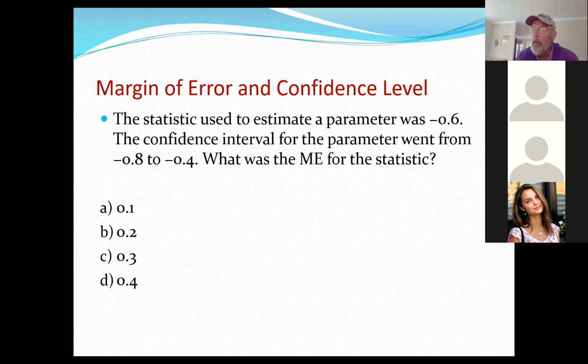Wouldn't you say that there's really a measure of the margin of error on both sides of the estimate? So 0.4 would give us the difference between the low and the high part of the confidence interval, but the margin of error is 0.2 because there's going to be a margin of error on the left side, and another margin of error on the high side, on the right side. Does that make sense, Sarah? Yeah. Okay, very good.